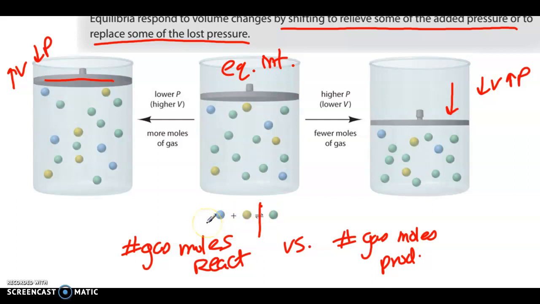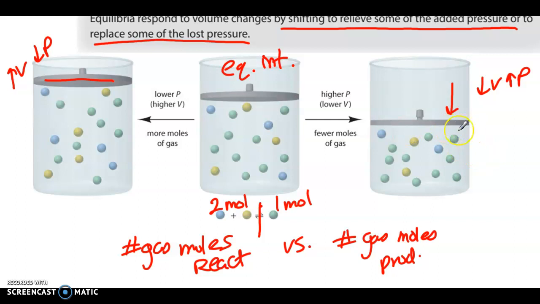I have two different reactant gases. So this is like I have 2 moles worth of gas on the reactant side versus 1 mole of gas on the product side. So in other words, the reactant side is going to take up twice as much space as a gas compared to the product side. So essentially the equilibrium is going to want to fit in whatever space you are giving it.